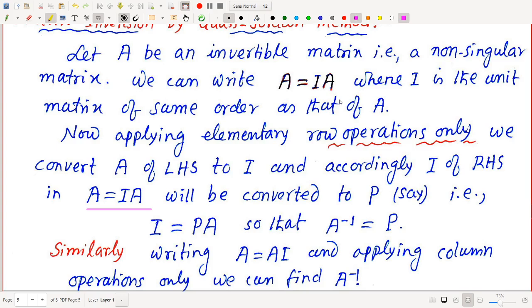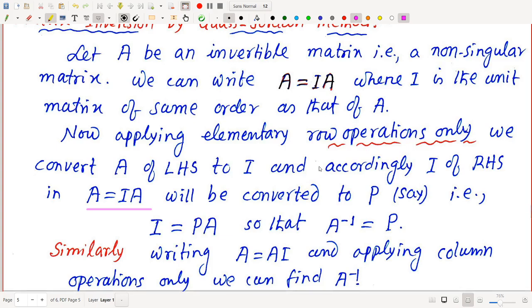Why row operations only? Because we have already seen in the last class that if an elementary row operation is applied to a matrix, or it is pre-multiplied by the corresponding elementary matrix, the effects are the same. That's why only row operations, because we have written I on the left.